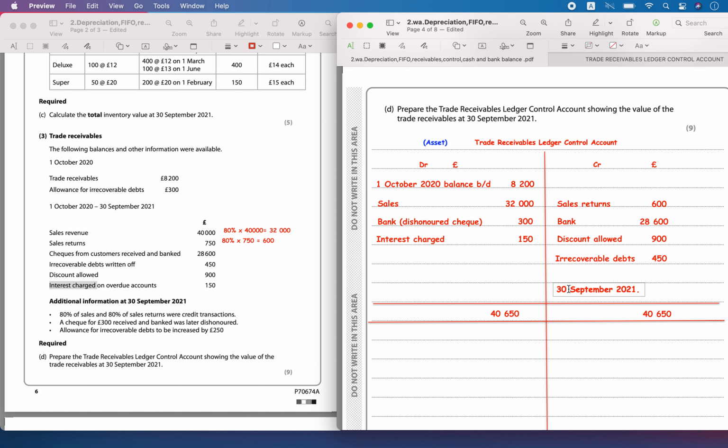So the value of trade receivables on 30th September 2021, the balance carried down, is 10,100. And that will be the same as the balance brought down on 1st October 2021, so 10,100.